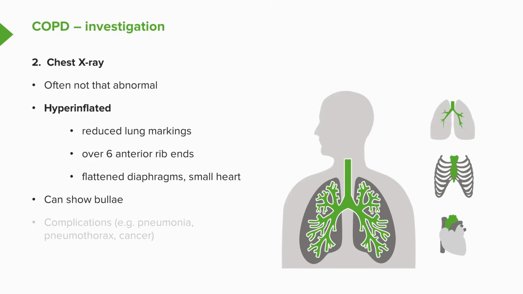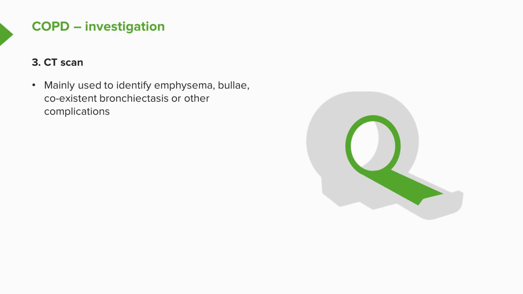Some people have quite expanded lung cysts due to COPD, and that's visible on a chest x-ray. Chest x-ray is also important to identify complications, pneumonia, pneumothorax, and chronically to make sure they don't have cancer. The CT scan is used to identify patients who have emphysema, to look for bullae, and perhaps to look for coexistent bronchiectasis or other complications.